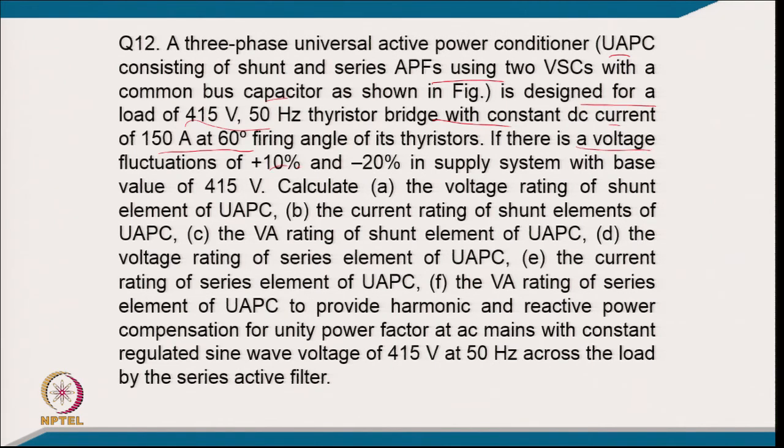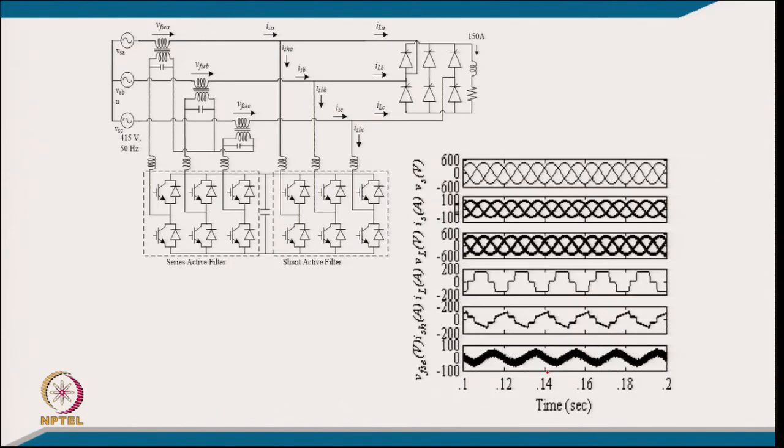If there is any voltage fluctuation of 10% minus 20% in the supply system with the base value of 415 volt, calculate: A, the voltage rating of the shunt filter, current rating of shunt filter, VA rating of shunt filter, then the voltage rating of series filter, current rating of series filter, and the VA rating of series filter to provide the harmonics and reactive power compensation for unity power factor at AC mains, with a constant regulated sine wave voltage of 415 volt 50 hertz across the load by the series active filter.